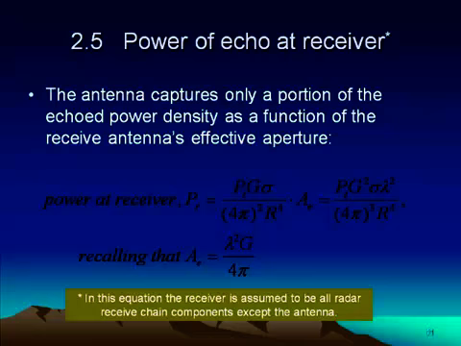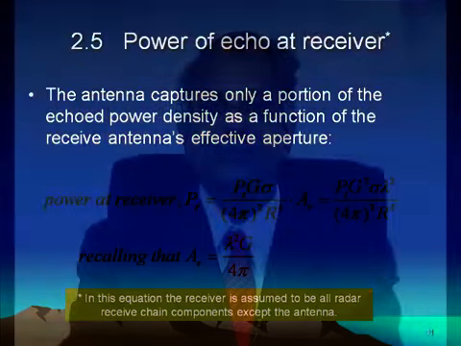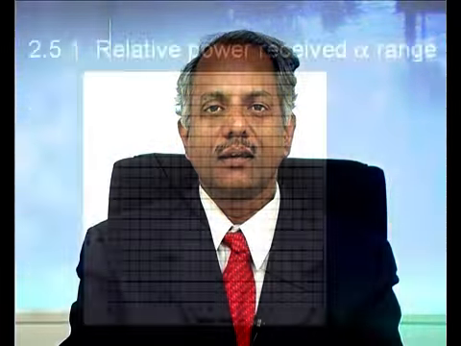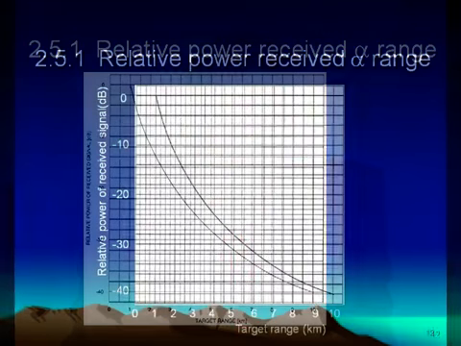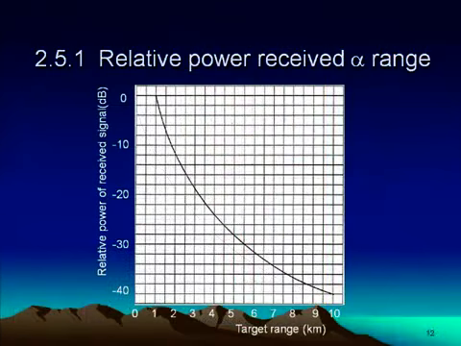In the graph shown, you can see the relative power received proportional to the range of the target. As the target is very far off, the relative power is going to be very small, and when the target comes close to the radar, the power received is going to be huge.